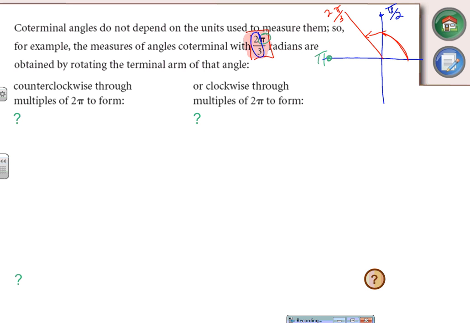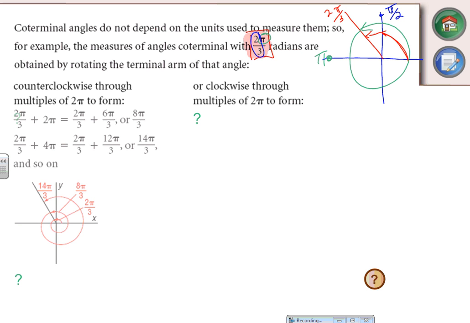To get back to there, I could go any multiple of 360 degrees, which we've just discovered is 2 pi. So I can go any multiple of 2 pi in a clockwise or a counterclockwise direction. Doesn't matter. I will get back to the original. So we go 2 pi over 3 plus 2 pi. Well, I've just got to change it into a common denominator in order to add.